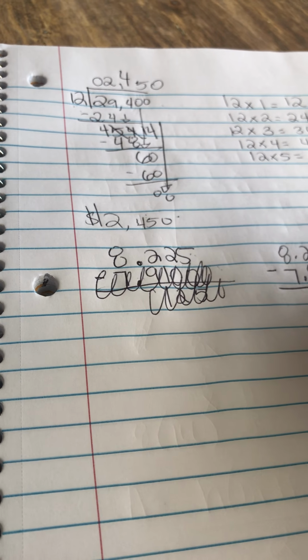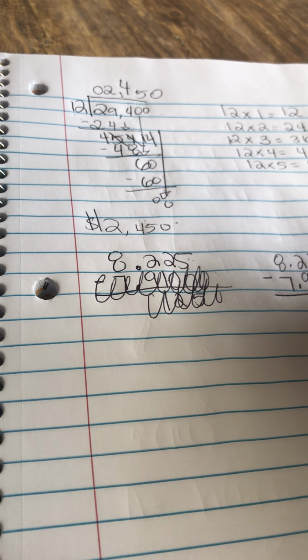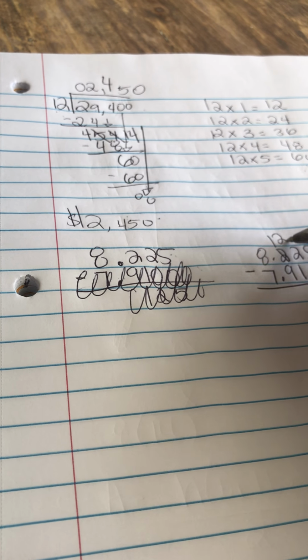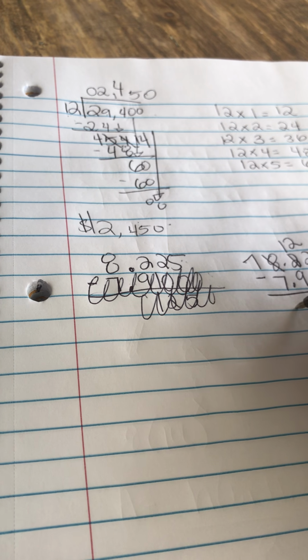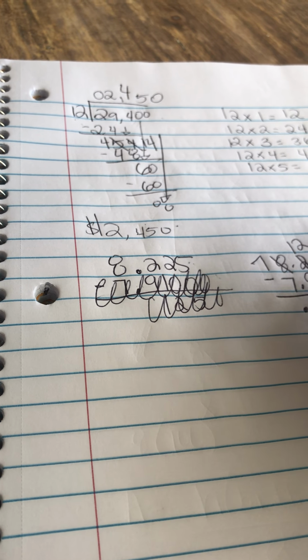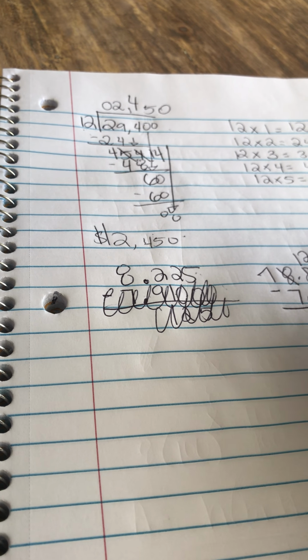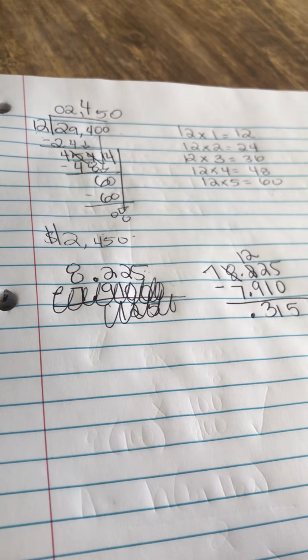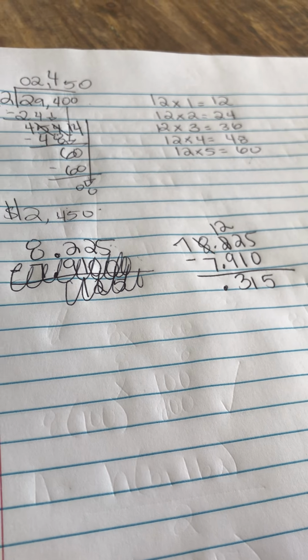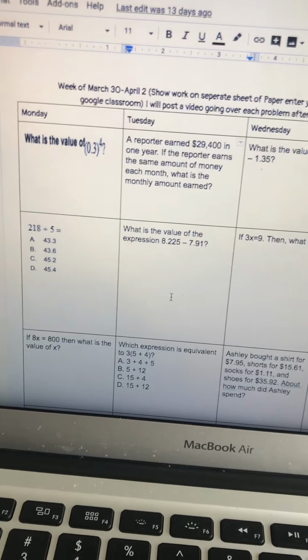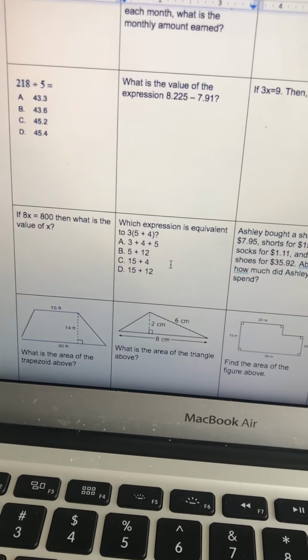All right, there we go. 5 minus 0 is 5, 2 minus 1 is 1. Here's where we're going to borrow. Bring this decimal straight down. 12 minus 9: 9, 10, 11, 12, 3. So we get 0.315 for number 2 in the Tuesday column.